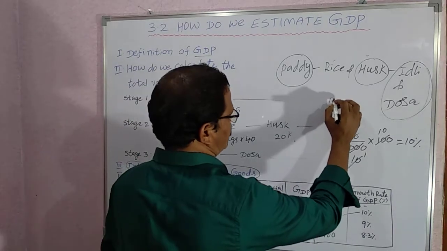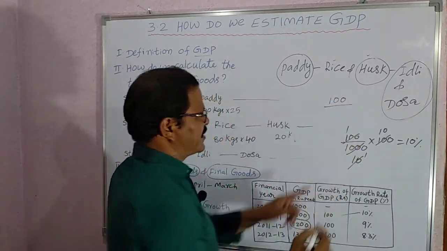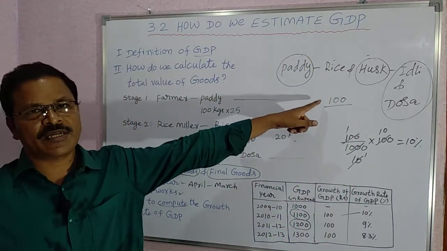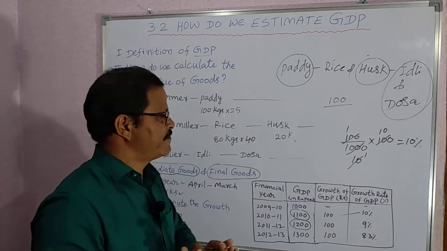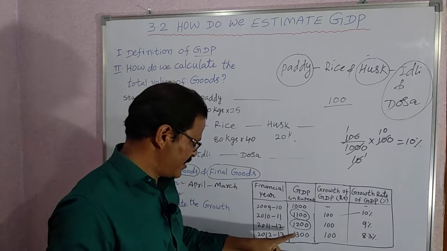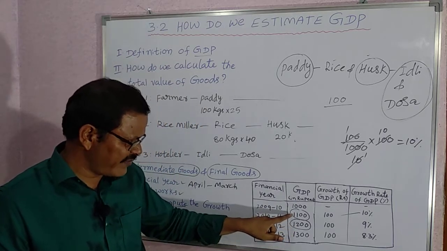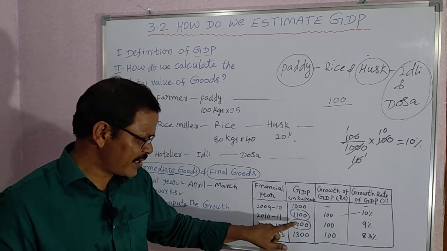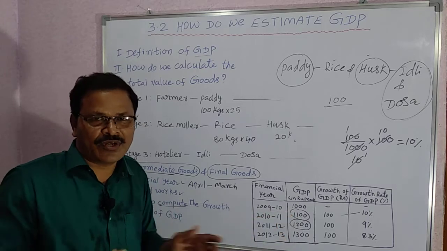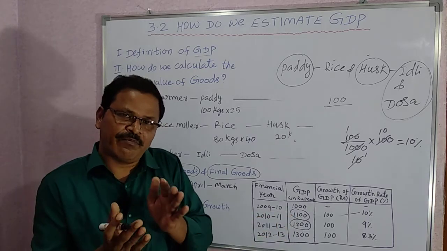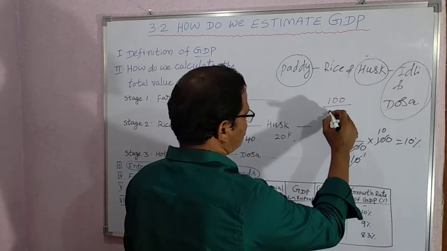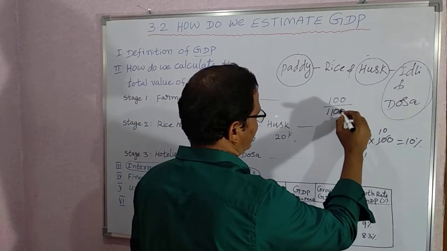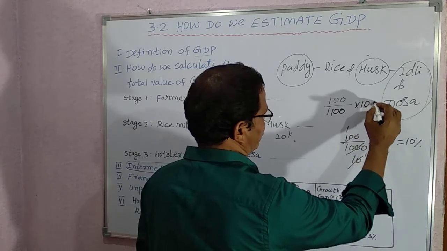That is divided by the GDP of the previous year. We should not take the present year. The GDP of the previous year should be taken: 1,100 rupees into 100.